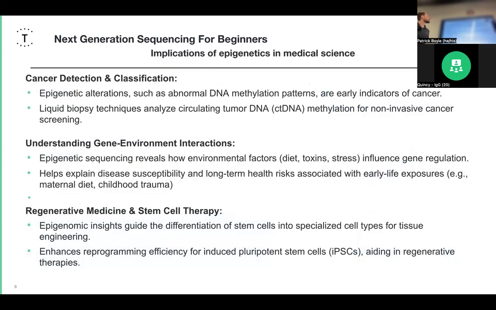When you think of epigenetics, there's a lot of cancer, just because of the changes of the epigenome. If things are upregulated or downregulated, cancer can increase or decrease. So it's really dependent on the tissue type. It's dependent on the gene that's being activated or deactivated through the epigenome changes.